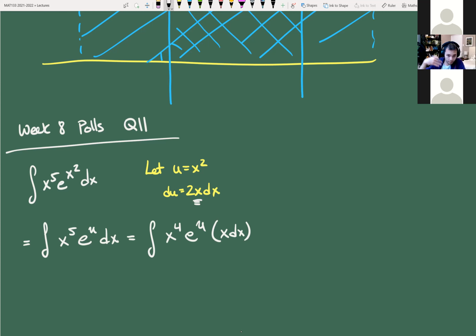Some of you might solve for dx instead, writing dx as du over 2x and plugging that in, and that's totally okay, it has the exact same effect. So I'm going to get x to the 4. Let me pull the 1/2 out. x to the 4 e to the u du, like that.